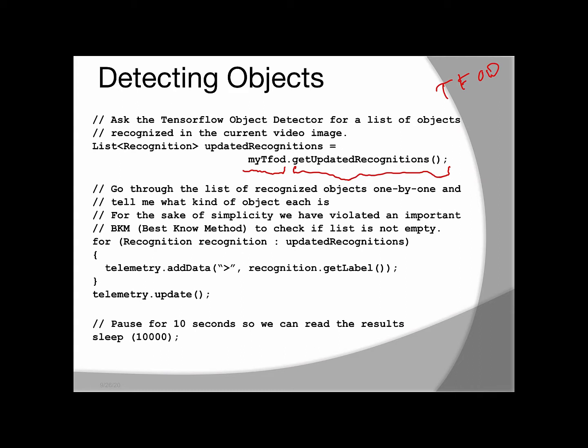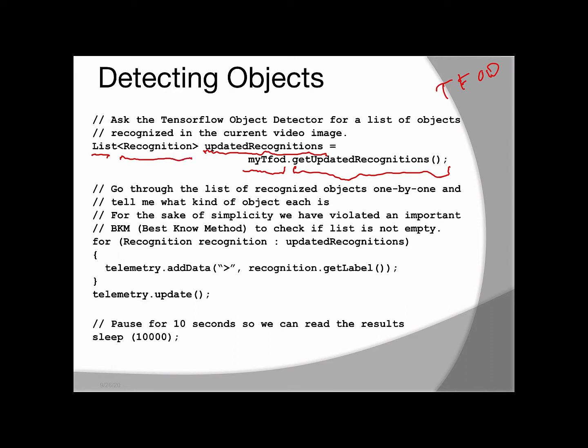And so as we saw on the previous slide, there are going to be 5 items in that list if we get that image that we saw there. So I'm going to ask for a list, and I'm going to call it updated recognitions. This list is going to be composed of recognition.